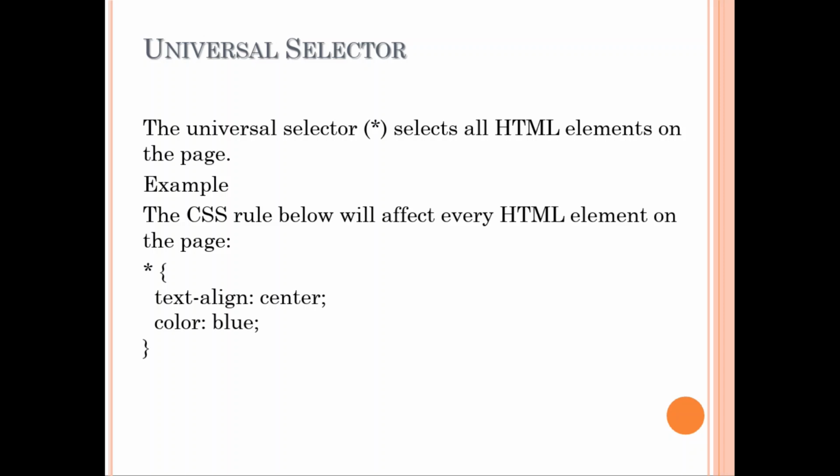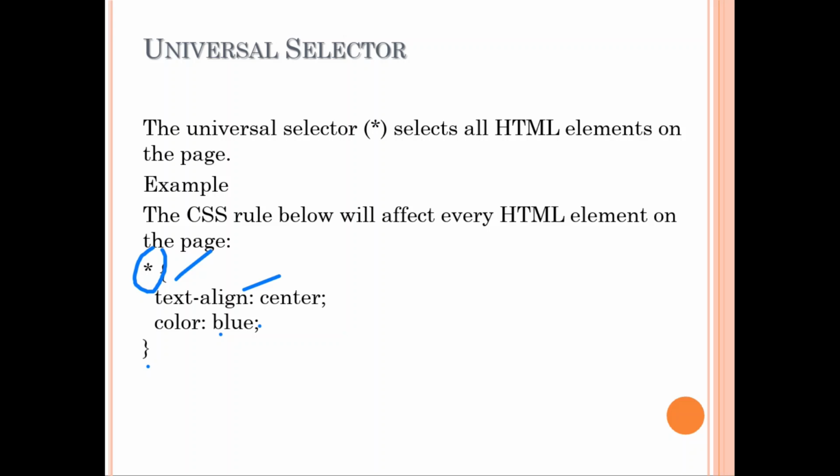Now our another selector is the universal selector. As the name suggests, universal means you will declare this globally. The rule is the same. We have to put this symbol, star, and all other declarations would be the same.